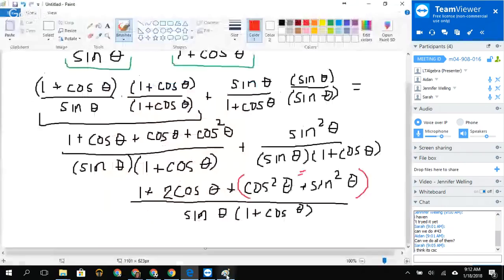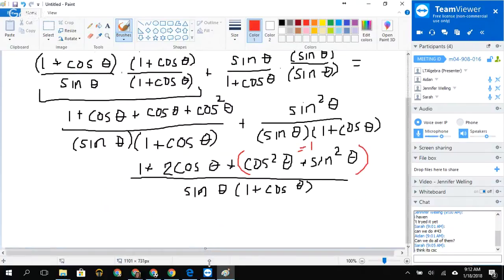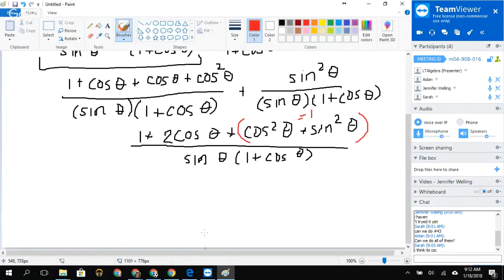So I'm going to use that identity, and instead of this big cosine squared, sine squared, I'm going to insert a 1 here. Keep extending my paper because we've got some work to do, right? Everybody following along okay so far? Still with me? All right.